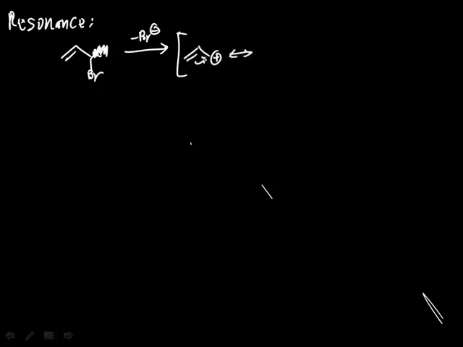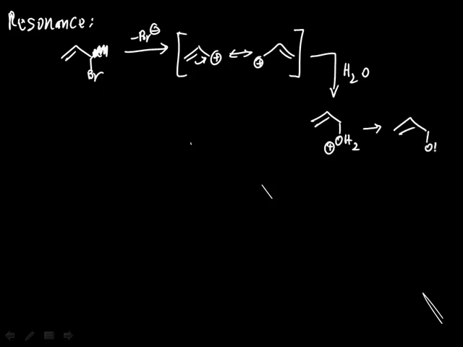So this electron pair can move over here and give us a different resonance structure. Since this cation is stable, either one of these two resonance forms can react with, say, water to give us our OH+, which can then easily be deprotonated to get us to our final product.